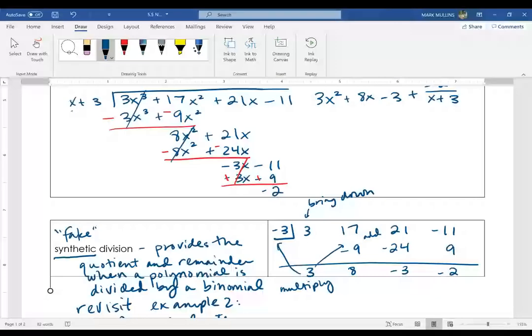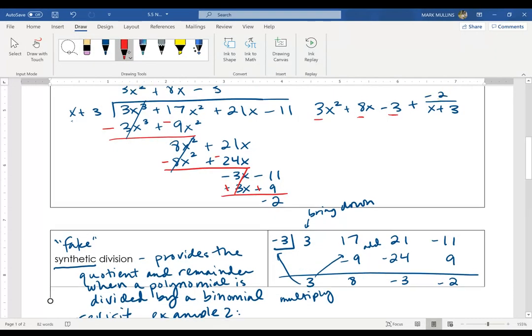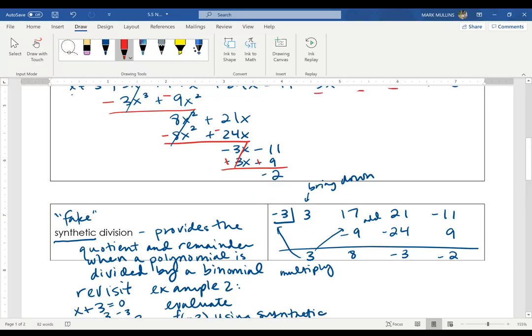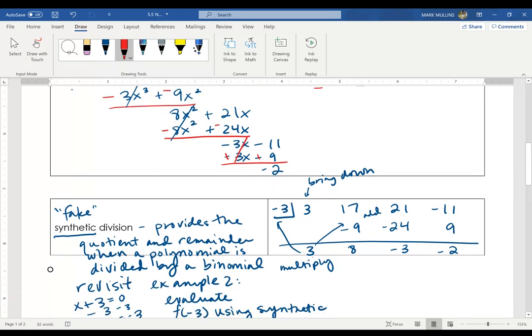When I look at what I just came up with, the 3 and the 8 and the negative 3 and the negative 2, you can see that those correspond to these numbers up above. Here's my 3, my 8, my negative 3, and my negative 2. So because I started out with cubic, this is now my x squared and my x and my constant, and this is my remainder.